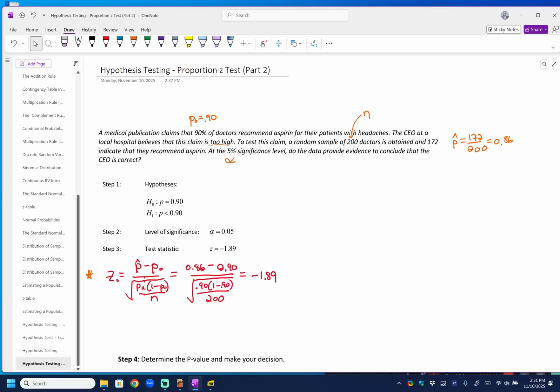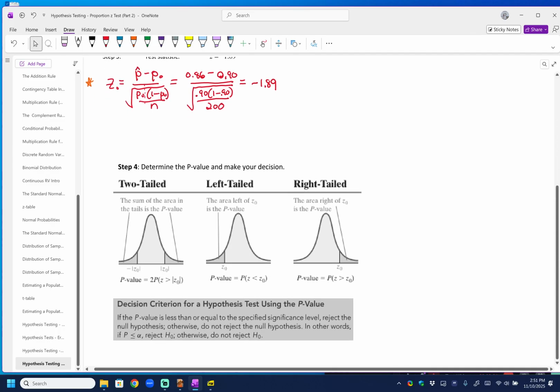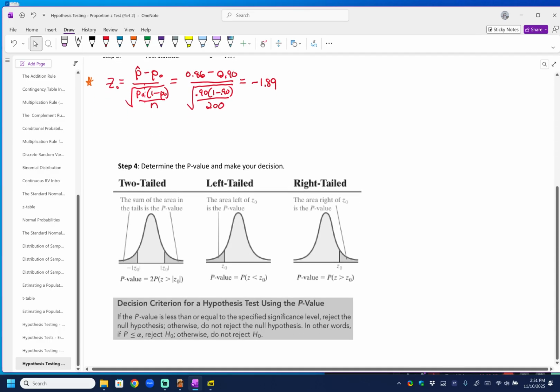You don't see a whole lot of statisticians looking for critical values. Instead, the p-value approach is the primary method for decision making. This p-value method utilizes area as a way to make a decision in a hypothesis test rather than some value of z, like a critical value.